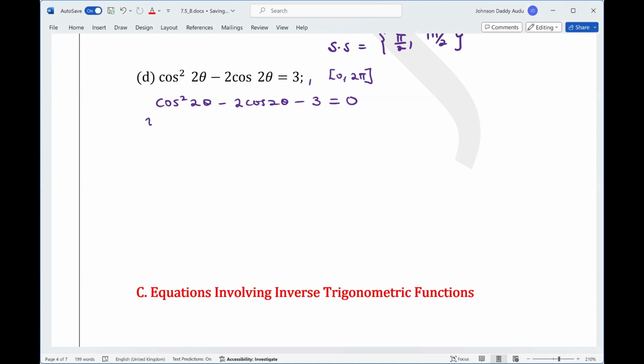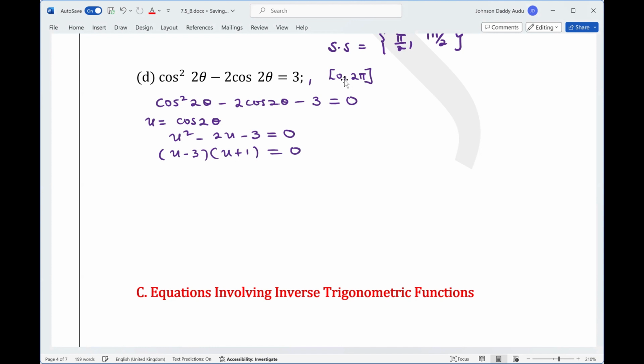So we will do substitution. U now is going to be cosine 2 theta. So you'll have u squared minus 2u minus 3 equals 0. And this is going to be u minus 3 and u plus 1, right?